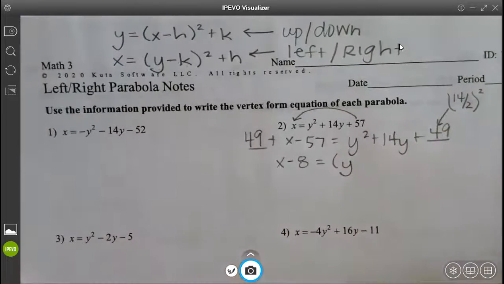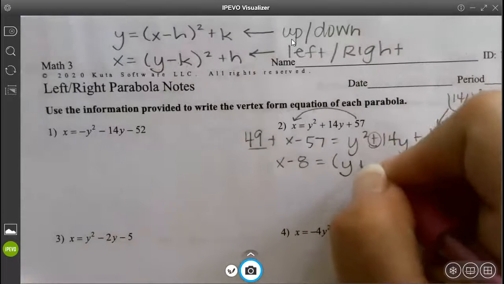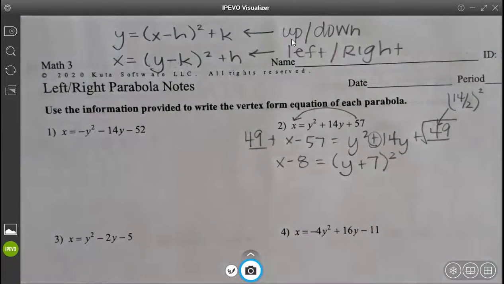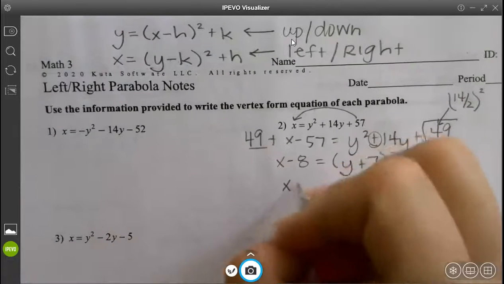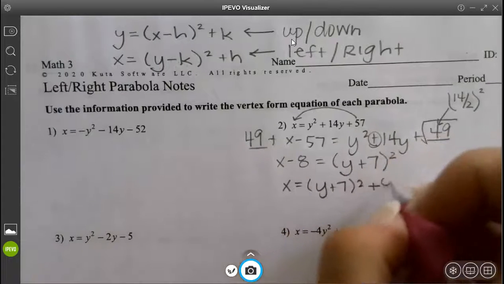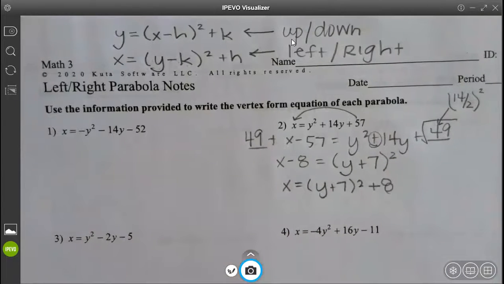We're going to rewrite this side. We have y plus, the square root of 49 is 7 squared. And then we want to move that 8 over. So the same thing that we've been doing.